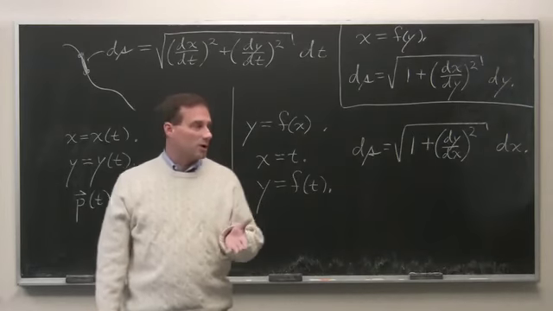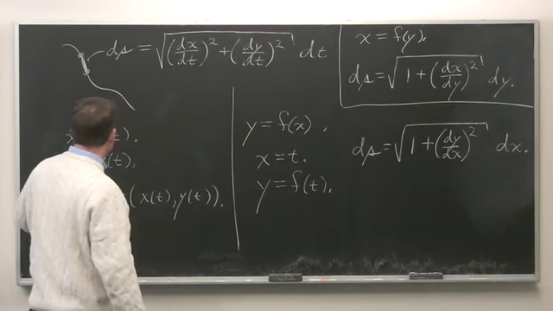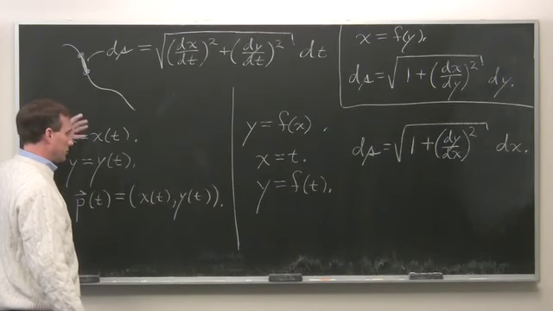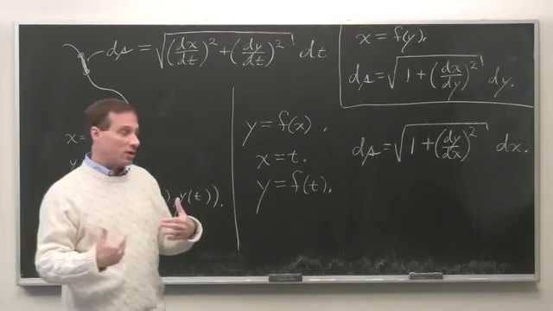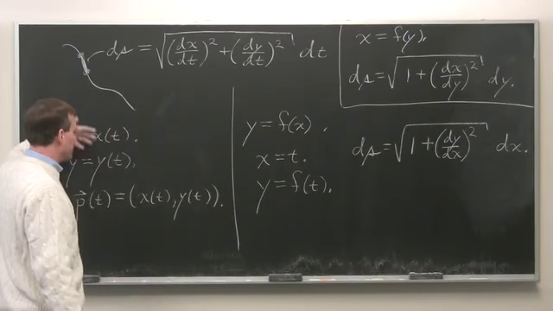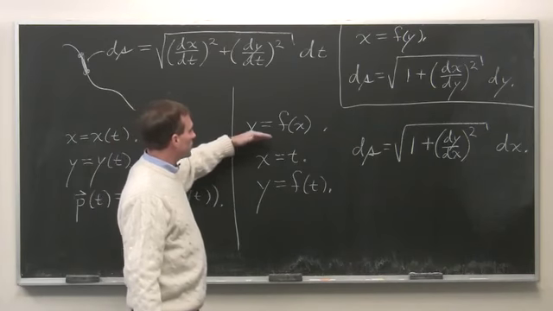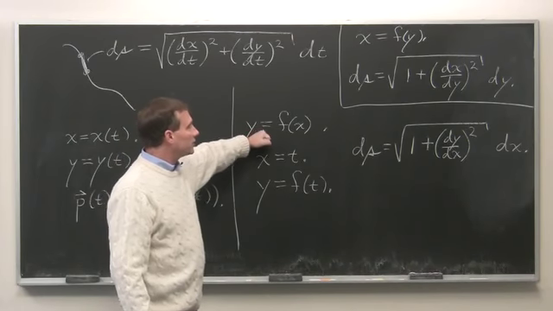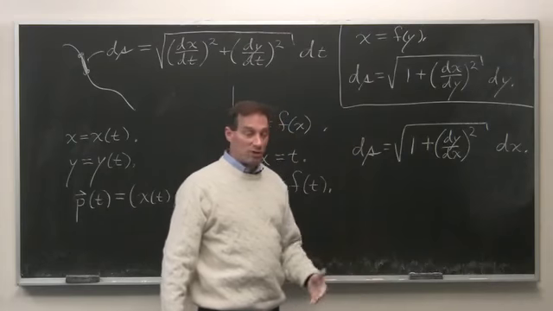So how do you calculate surface area? Because we're talking about the surface area of a surface of revolution, you have a curve described to you either parametrically, or as the graph of some function of x, or as the graph of some function of y.